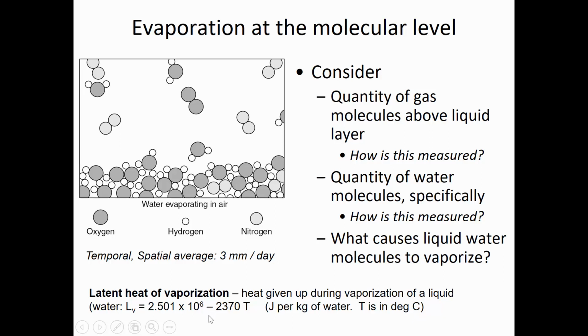There is a point of confusion sometimes. This same latent heat of vaporization is sometimes listed in kilojoules per kilogram, but here this is 2.51 times 10 to the 6th joules per kilogram.